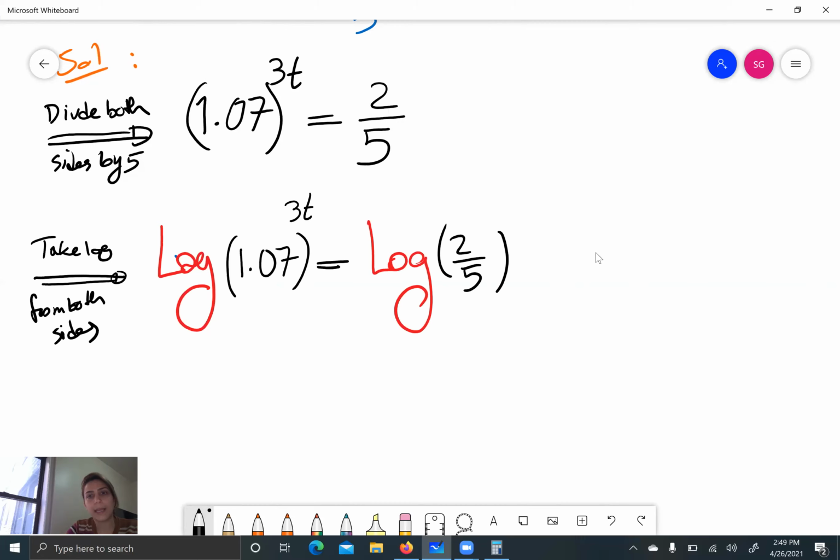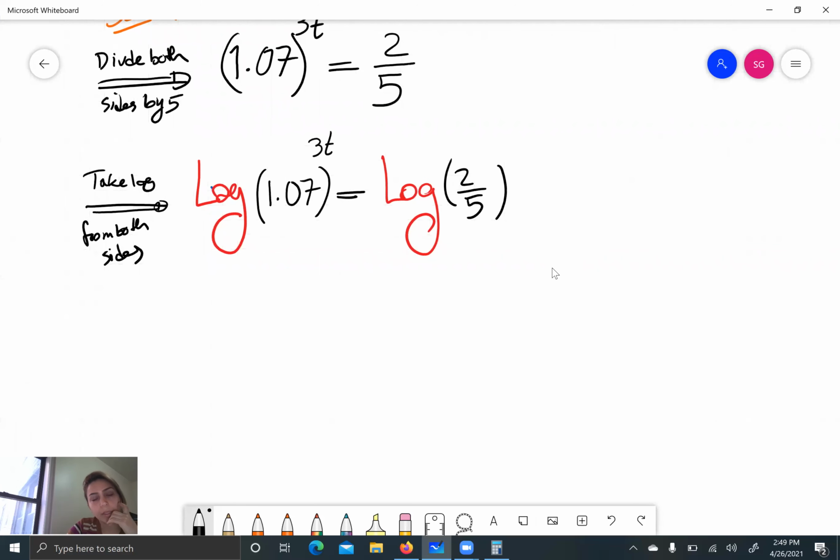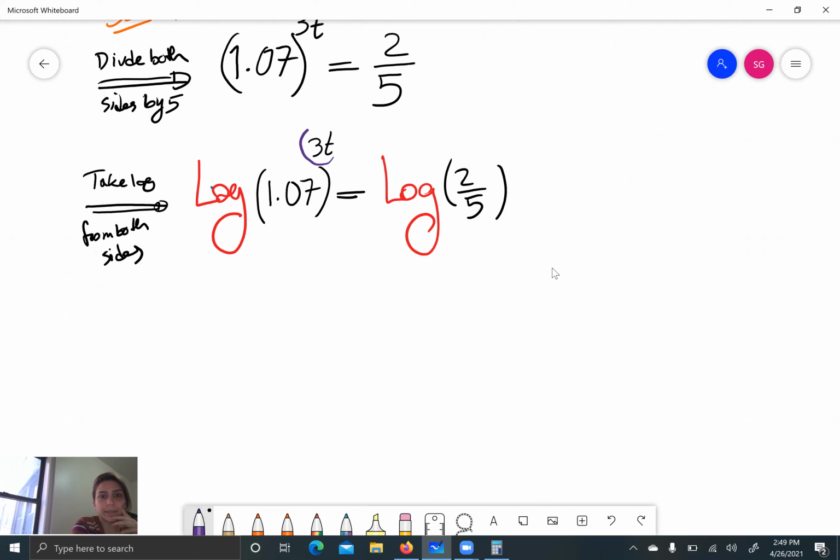Then the next step: you know that we have this property that if you have the exponent in this place, it can come and sit as the multiplier. Recall that property?